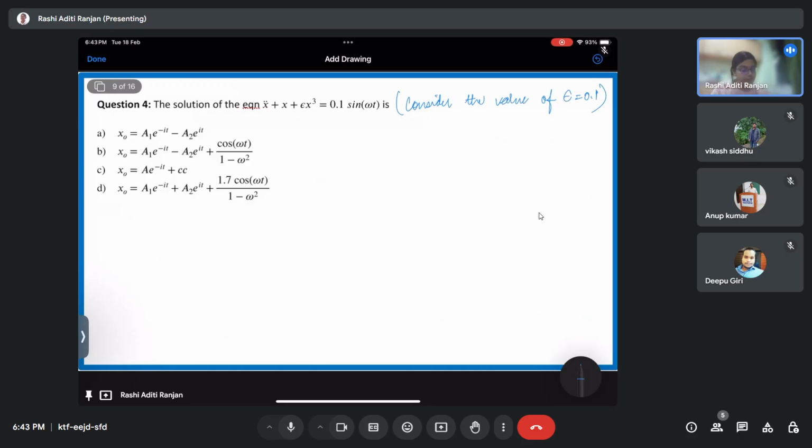Okay. So again we will assume x as, till whatever term, we are just concerned with x naught. Now we'll just put it into this equation. What is it? X naught double dot.